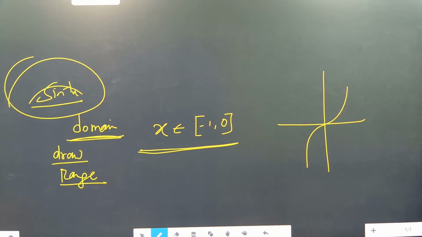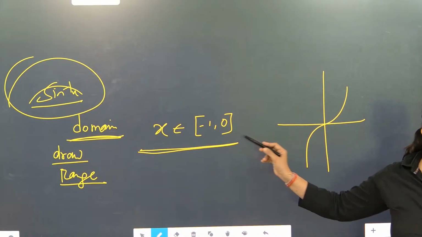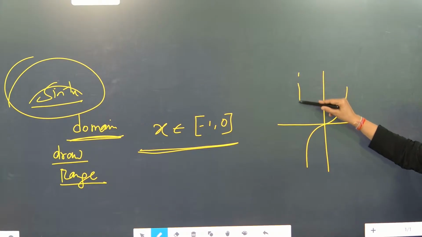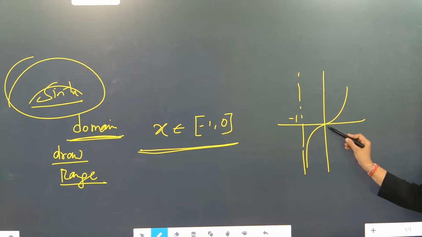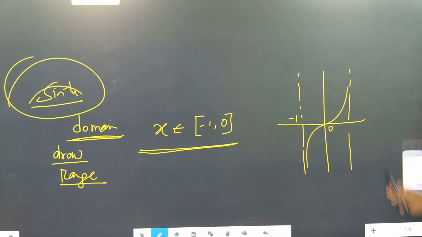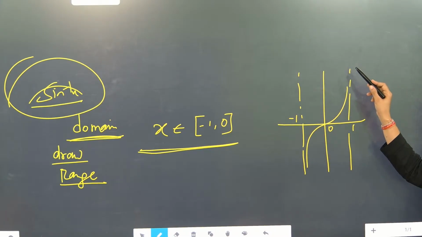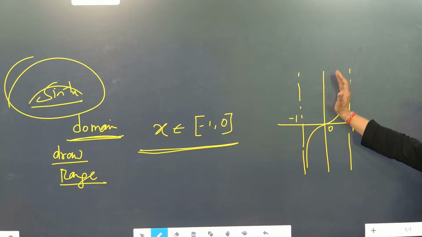But their domain is -1 to 0. So where is -1? This is -1. And where is 0? This is 0. The total graph of sine inverse x is this only, no? But the domain here is -1 to 1. That means we will remove this part. Got it?